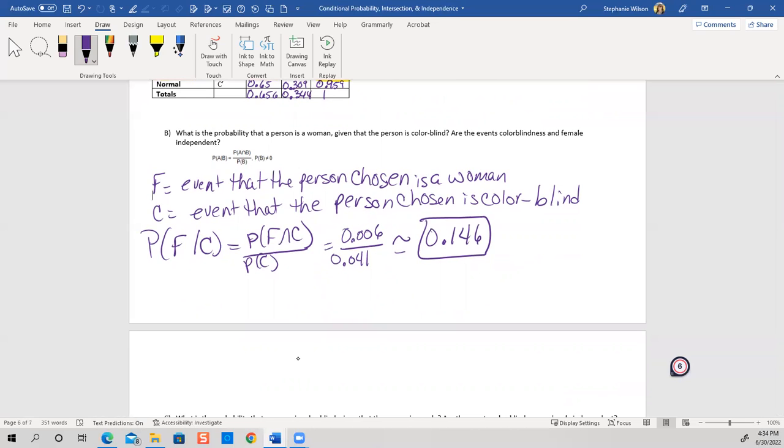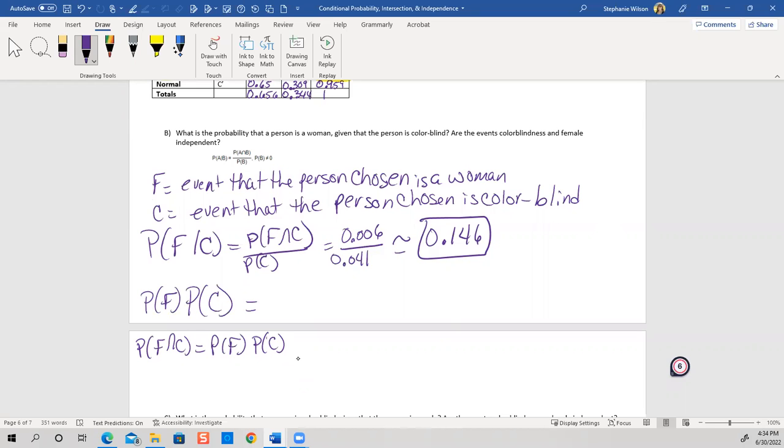It is independent if and only if the intersection of my F and C is equal to the probability of the females times the probability of color blindness. So we need to determine the probability of the females times the probability of color blindness.